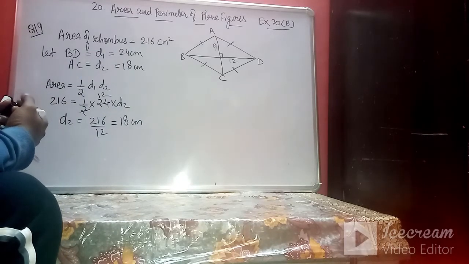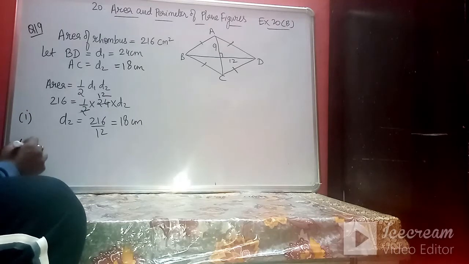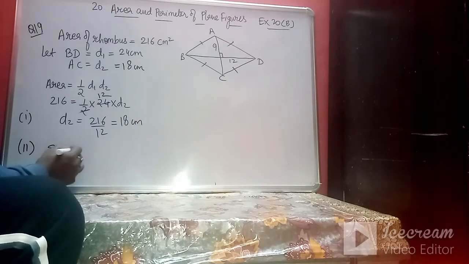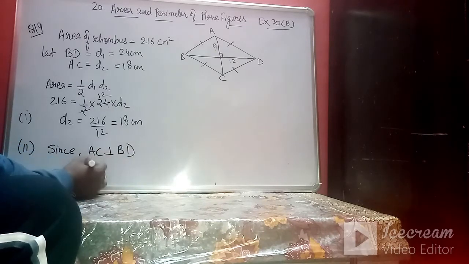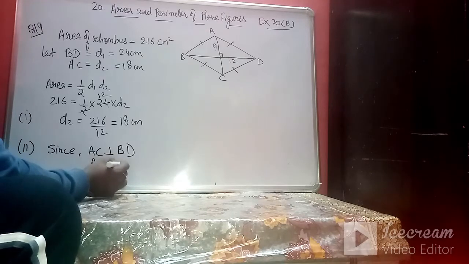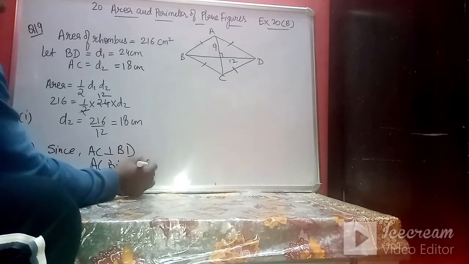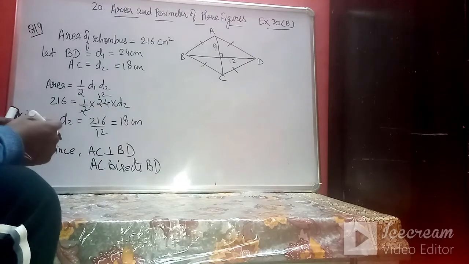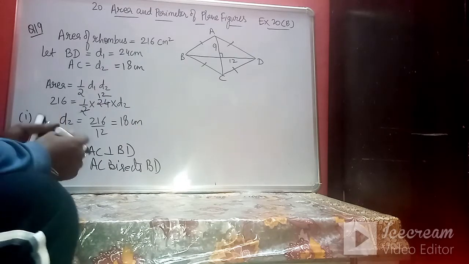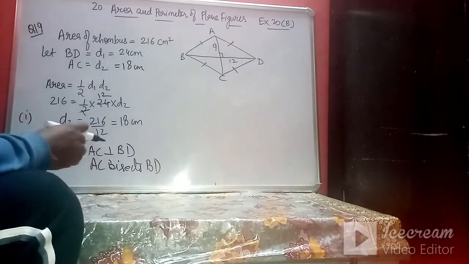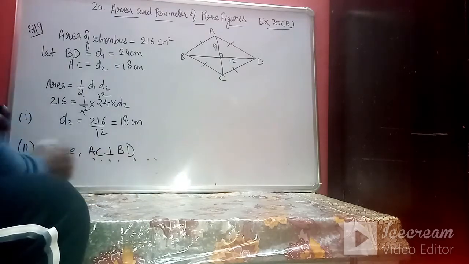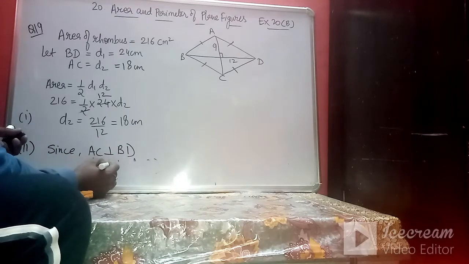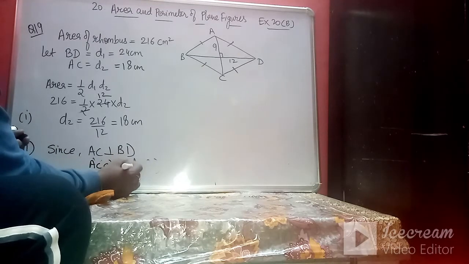So we know that in case of the rhombus, diagonals are the perpendicular bisector. So we can say that AC is perpendicular to BD and AC bisects BD, or we can write this as AC and BD bisect each other.